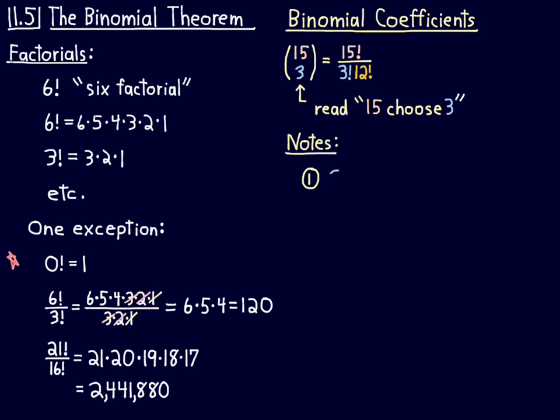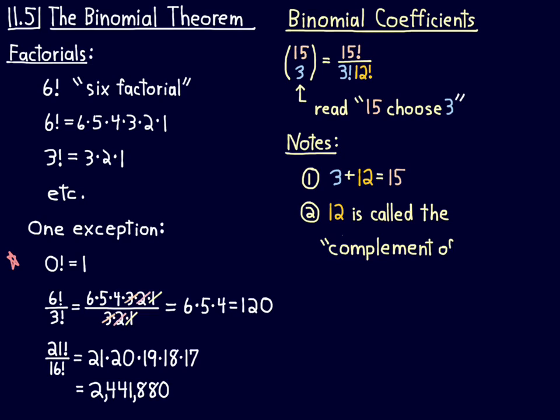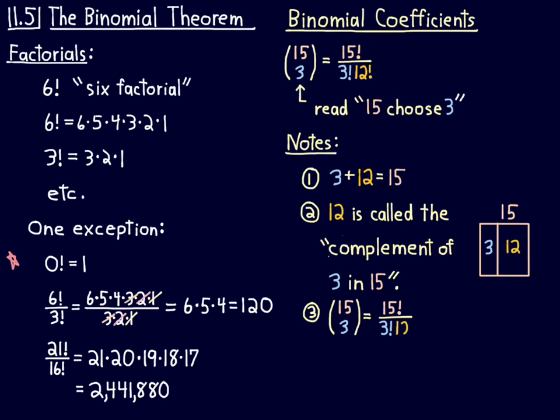First of all, I wanted to make the point that 3 plus 12 is 15, and 12 is called the complement of 3 in 15. So it kind of looks like that if you think of areas. So 15 choose 3 equals 15 factorial over 3 factorial times 12 factorial equals 15 factorial over 12 factorial 3 factorial equals 15 choose 12.